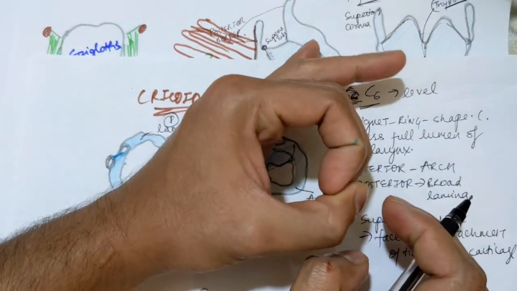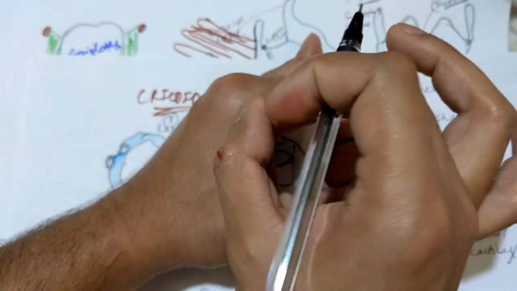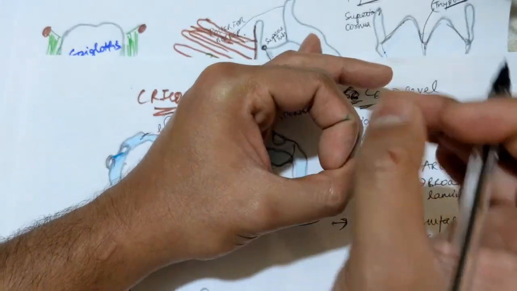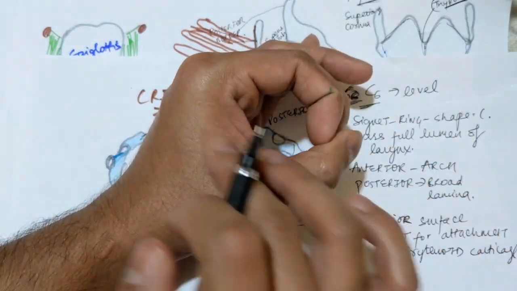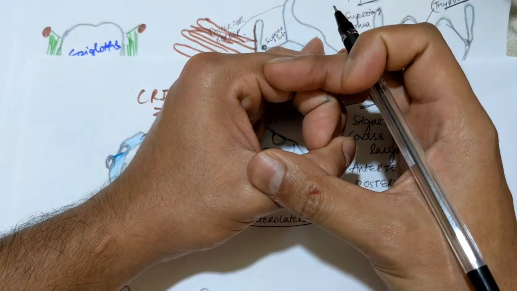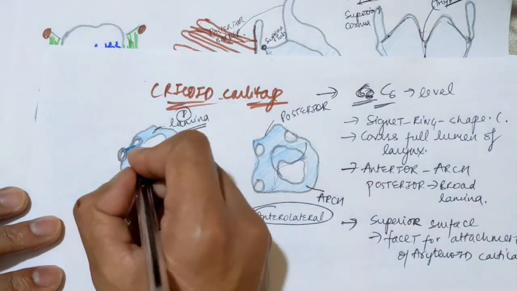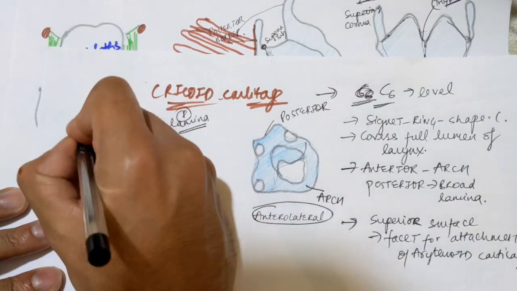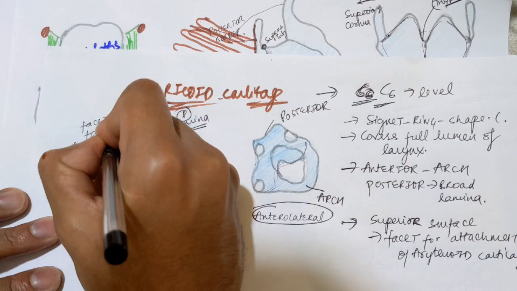This is your thyroid cartilage, and the cricoid cartilage, and above that is your arytenoid cartilage. The arytenoid cartilage base is present over the upper border or superior surface of your cricoid cartilage on the lateral side. Like this, its base comes and attaches here. So there are facets for that. This is the facet for arytenoid cartilage attachment.